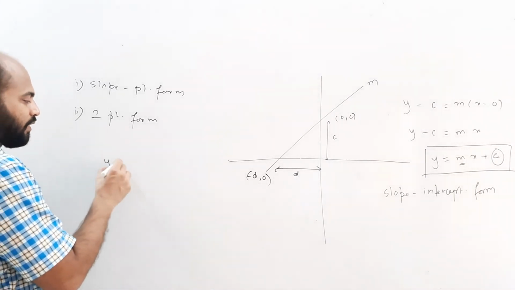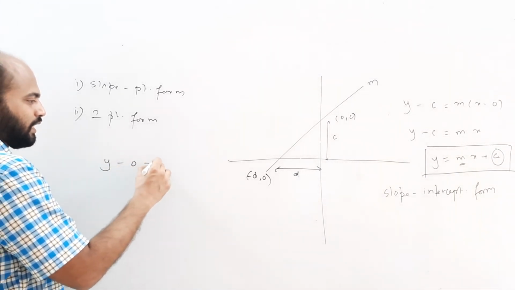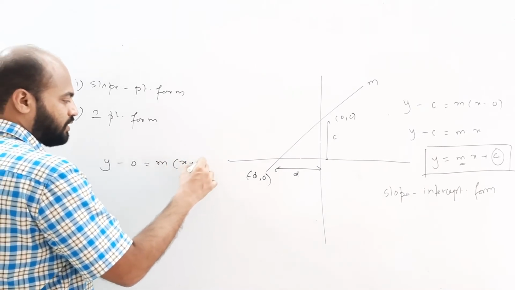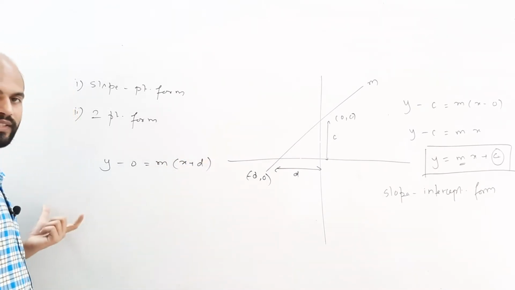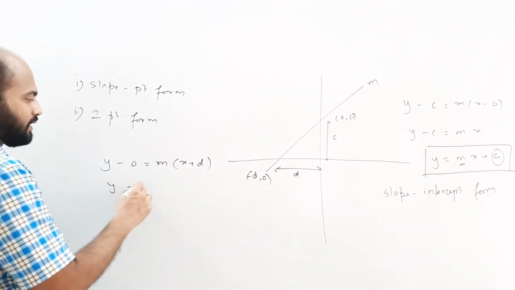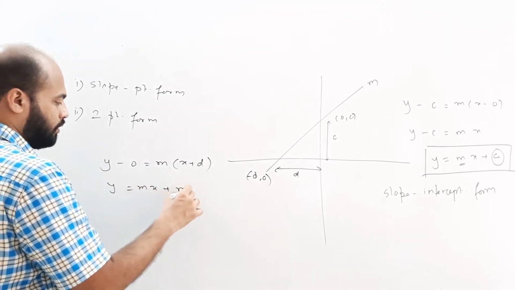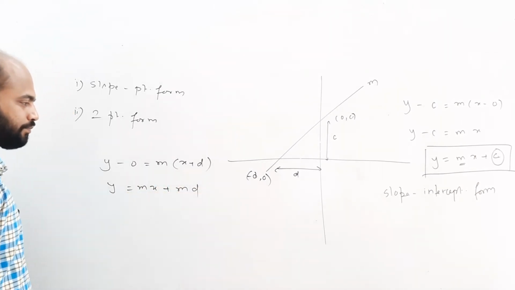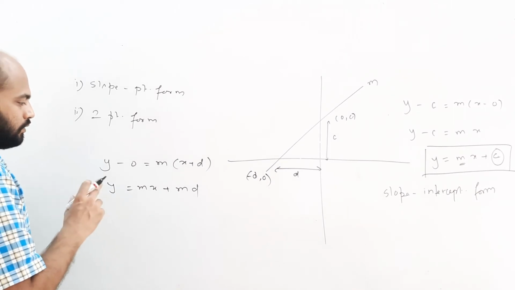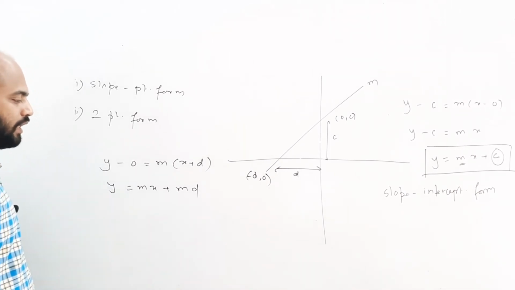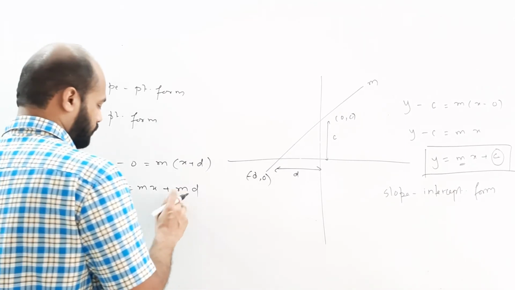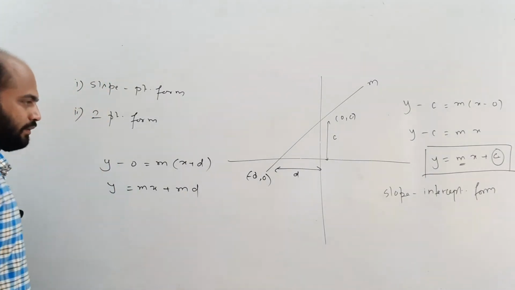So I can write it as y minus 0 is equal to m into x plus d. So if I open this up, I'll get y is equal to mx plus md, and that would be the equation of the line.